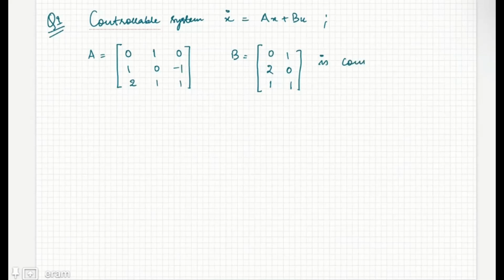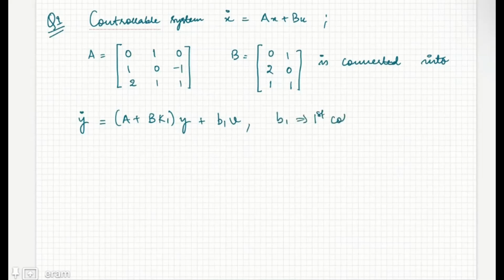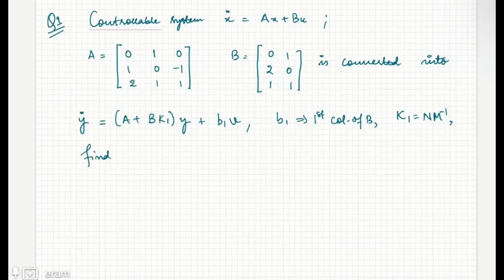This controllable system is converted into a system of the form y dot is (A plus B K1) y plus B1 v, where B1 represents the first column of B and K1 is given as N into M inverse. Then we have to find the matrix N.